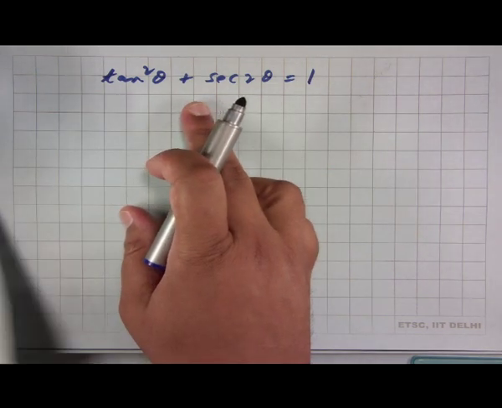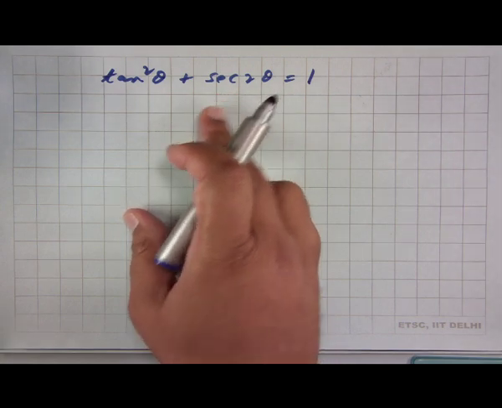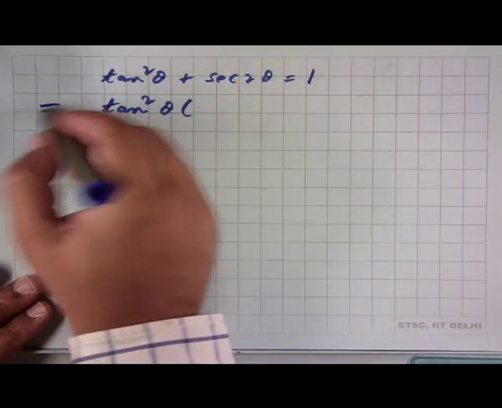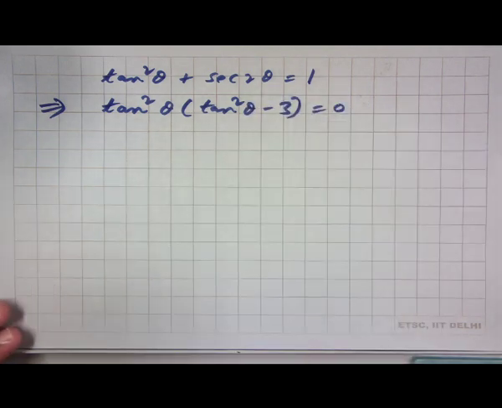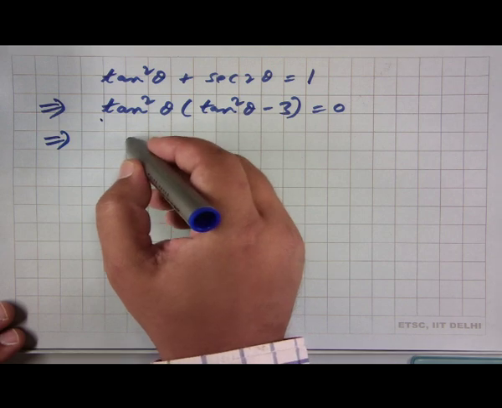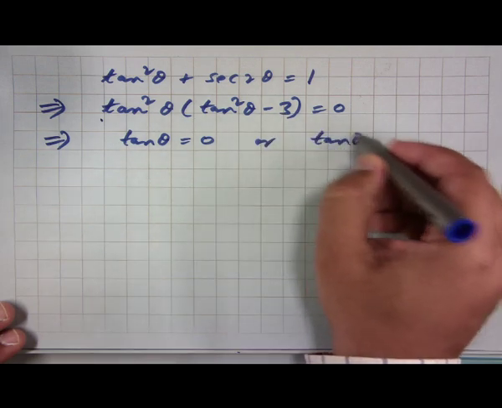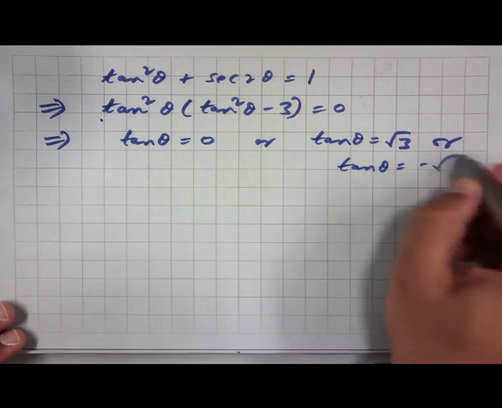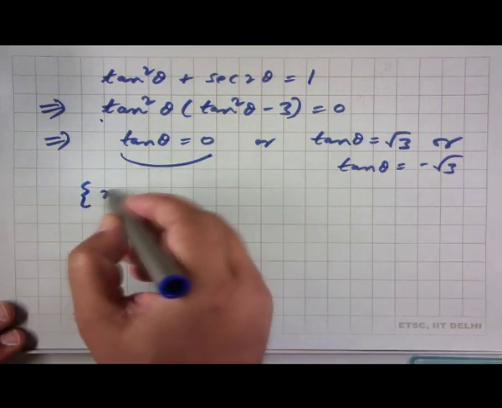So, from here we had substituted, and then what we got was that tan square theta into, so this implied that this holds true, and then we saw that this is true when either tan theta is 0 or tan theta is root 3 or tan theta is minus root 3. So, for this the general solution was this set.